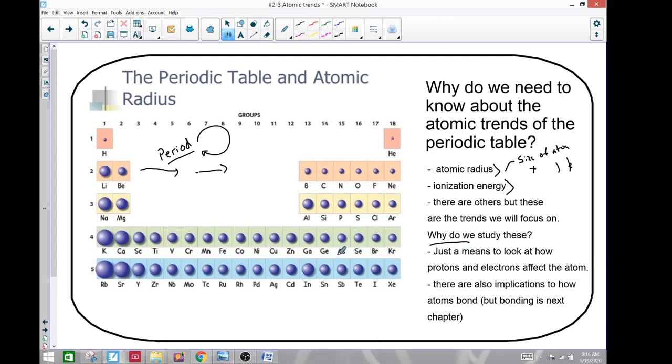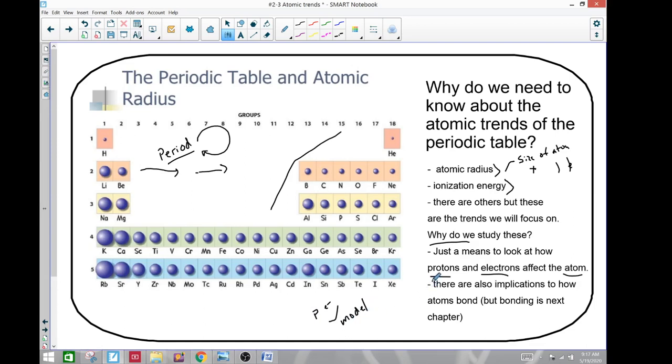For our purposes, the reason we study them is that it's a means of understanding how protons and electrons affect the atom, and it allows us to test whether you understand models of protons, electrons, and our modeling of atoms.